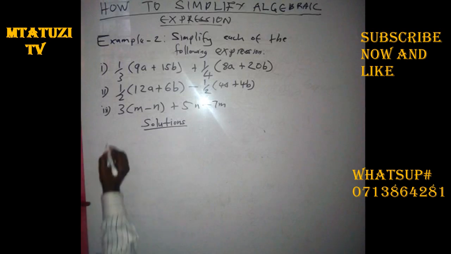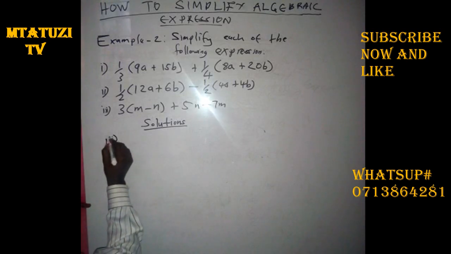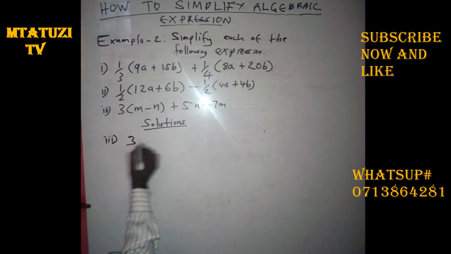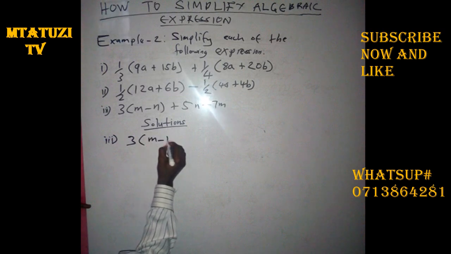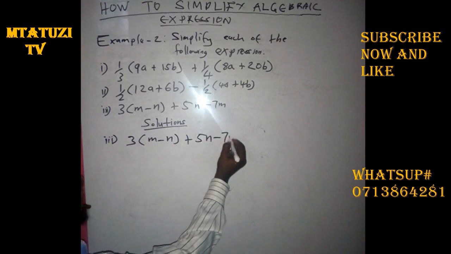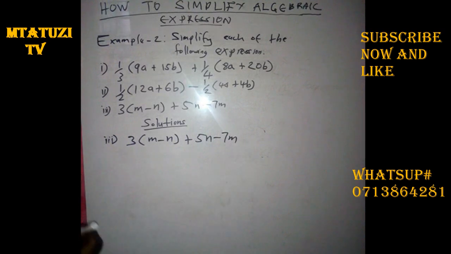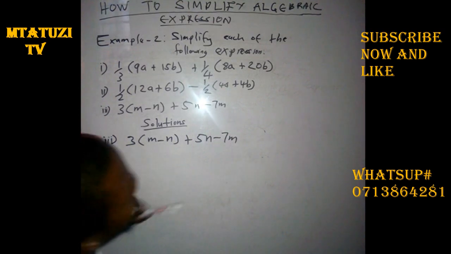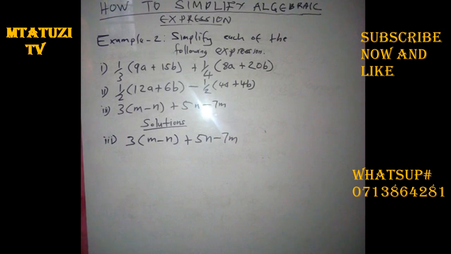Question number 3, you are given 3 in bracket m minus n, plus 5n minus 7m. So it's the same. Previously you were given a fraction, but now you are given a whole number. So in order to do it, first of all, you have to open the bracket as usual.